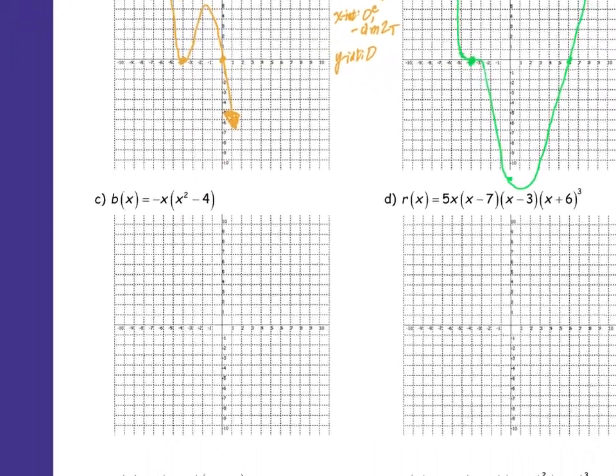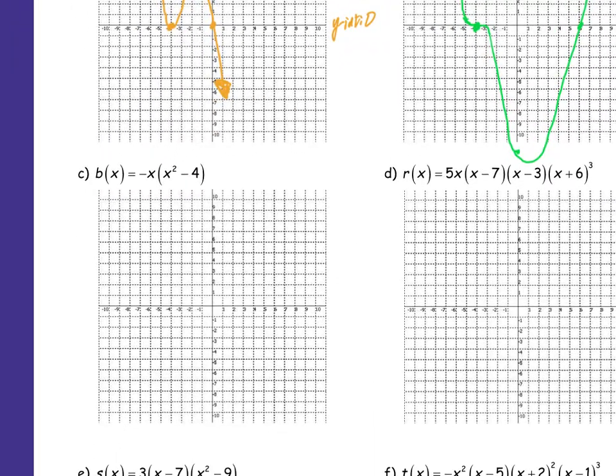Okay. So B, or C, so sorry, degree of 3, leading coefficient -1. So it's going to start high, end low. My x-intercepts are 0, 2, and -2. And my y-intercept is 0.